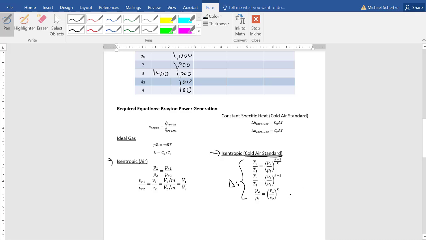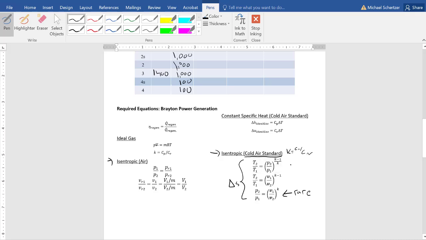This is rare, I almost never use this equation. It's on the equation sheet, and if you want to be able to express the pressure ratio as a volume ratio, you can use this, right? I guess first, the other thing we've got to remember is that k is equal to Cp over Cv, right?